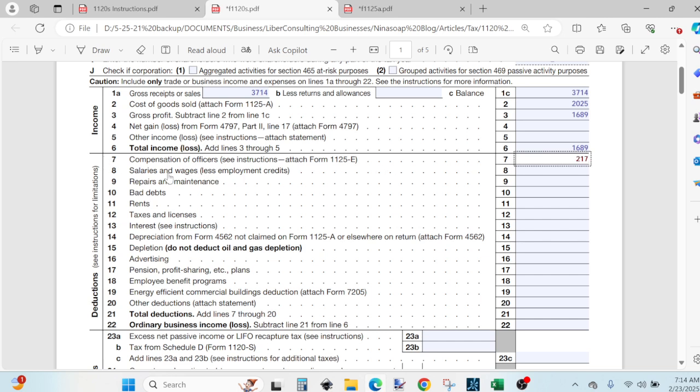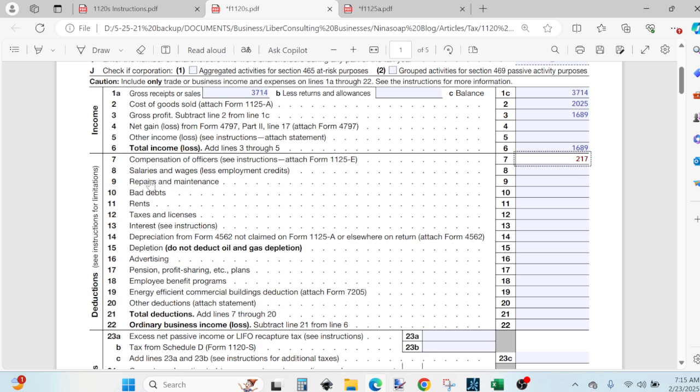So if you have employees that are not officers, their salaries will go on line A. For any partner of the business that is working in the business, they are officers, so they will go on line 7. And if you hire people to work in the business that don't own a share of the business, their salary and wages will go on line 8.